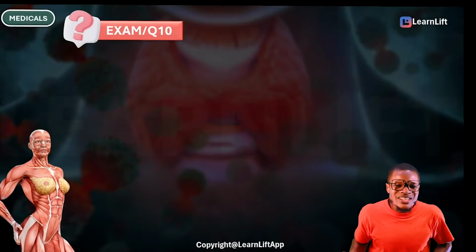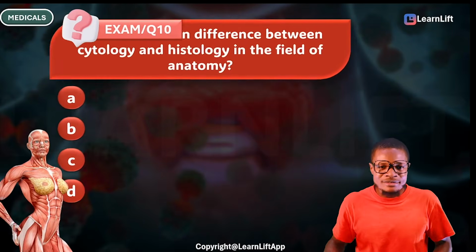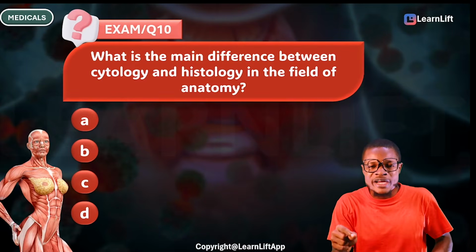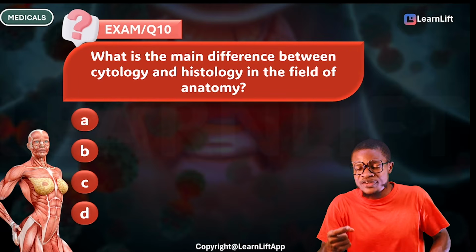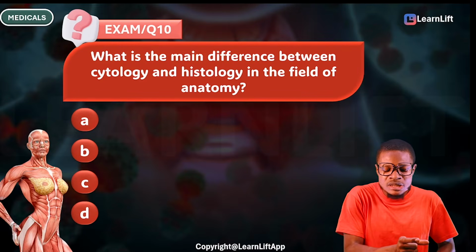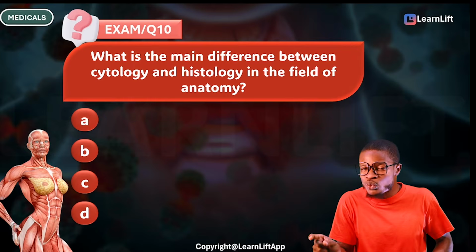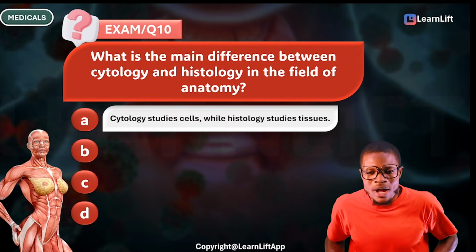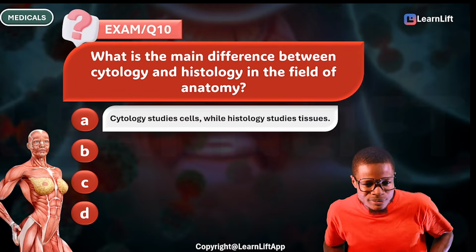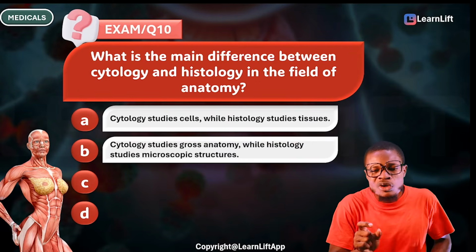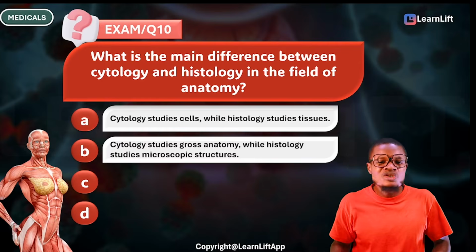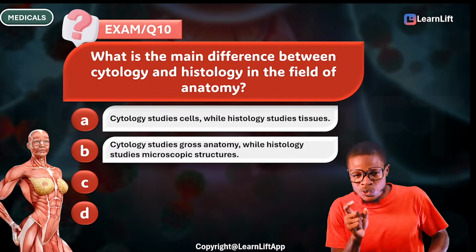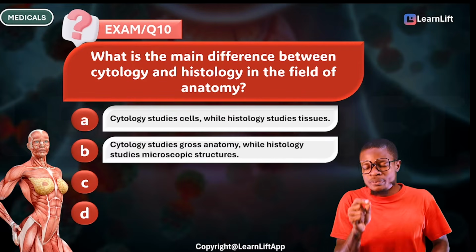Let's go. Question 10 here. A lovely question says, what is the main difference between cytology and histology in the field of anatomy? Cytology, cell; histology, tissue in the field of anatomy. Option A says cytology studies cell, while histology studies tissues. Option B says cytology studies gross anatomy. No, cytology is microscopic, while histology studies microscopic structure.